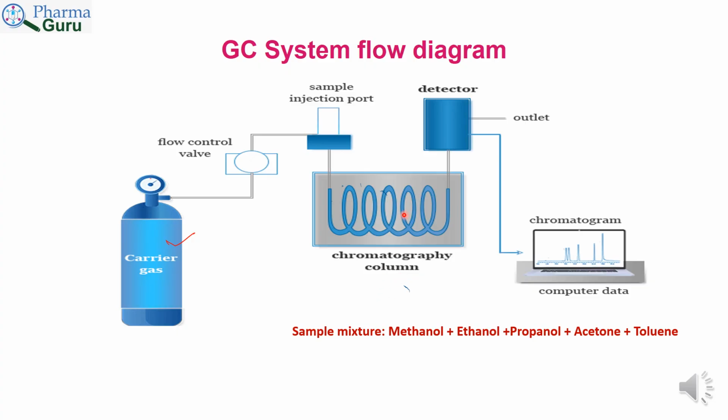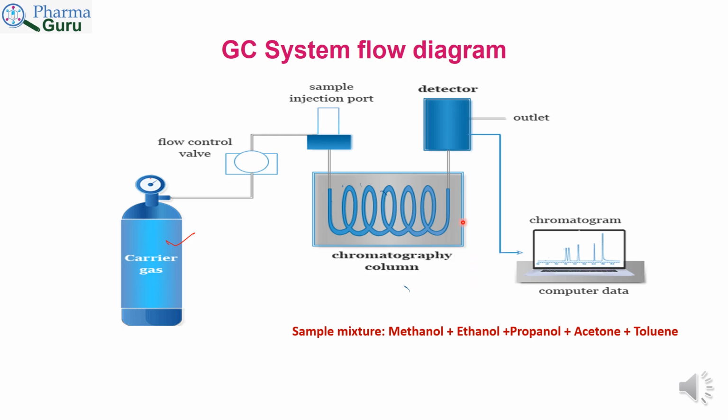Now, how do we get the peak? First, methanol will come out from the GC and will go in the detector. Detector detects it and converts it into the signal and sends that signal to the data processor, and data processor converts it into peak of methanol.